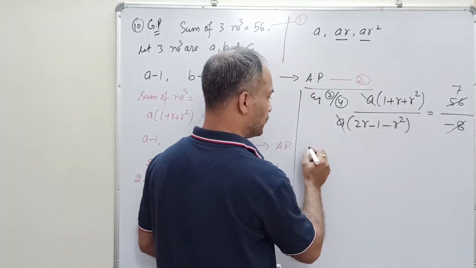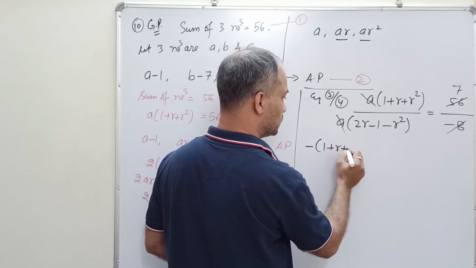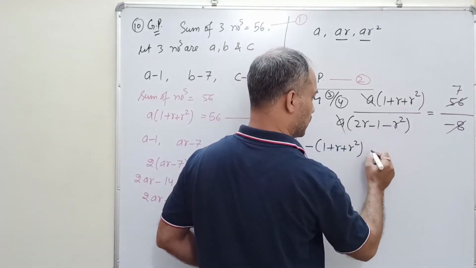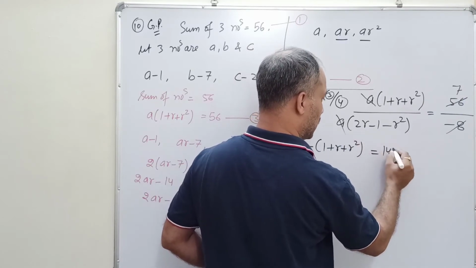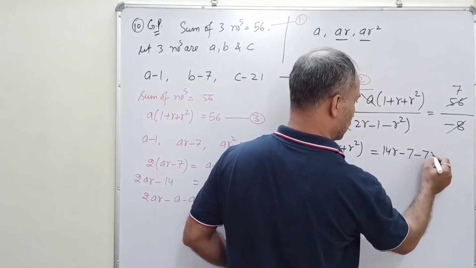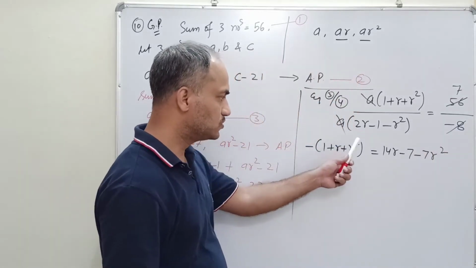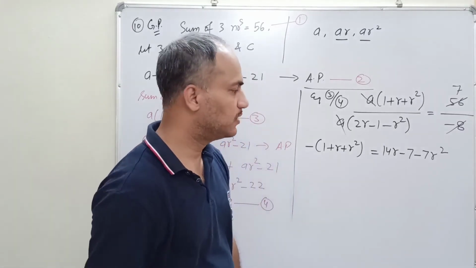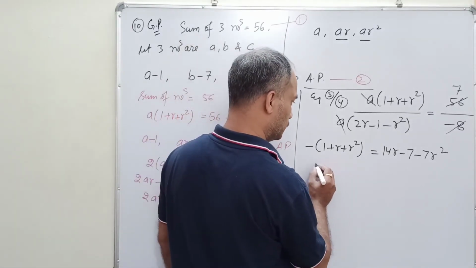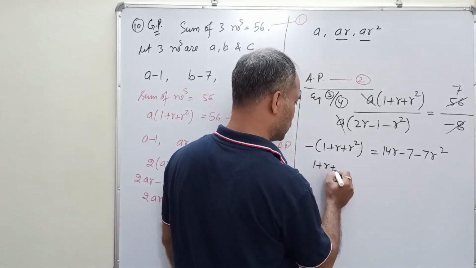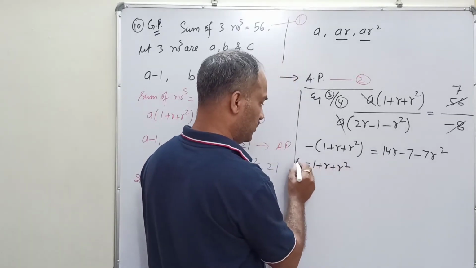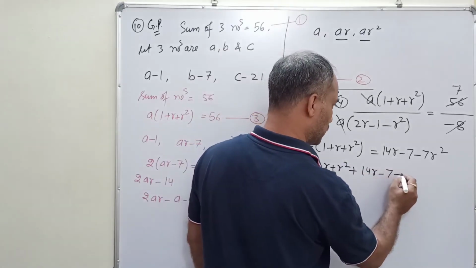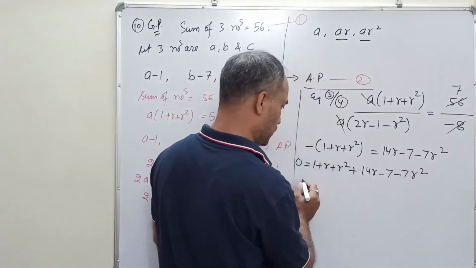Minus 1 we write here, this is minus of 1 plus R square into minus 1, and this 7 into this becomes 14R minus 7 R square. Because of the minus sign, these terms will be shifted there and become positive. So 1 plus R square goes to that side: 0 equals 14R minus 7 R square minus 1 minus R square.